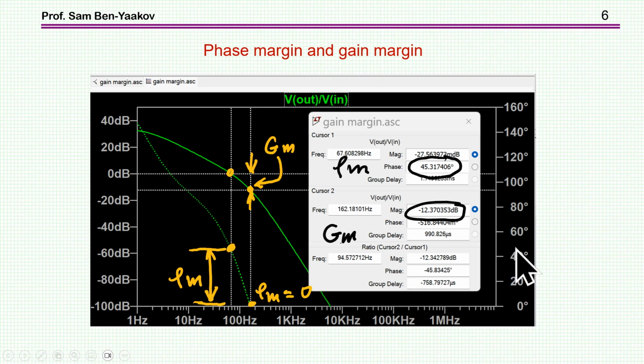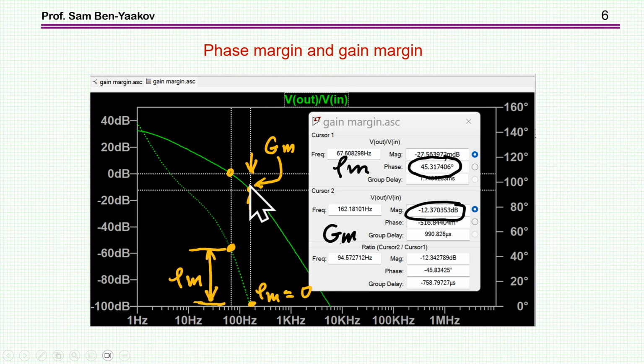I've here added or subtracted 180 degrees. So 0 is actually the 180 or 360 if you take into account the negative feedback. And the phase margin is therefore the difference here between 0 and any given point. So this is the phase margin.